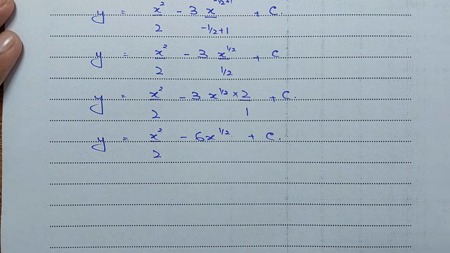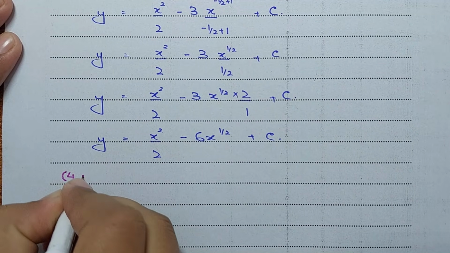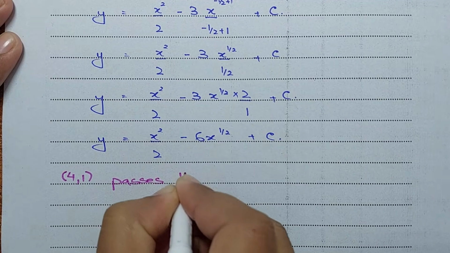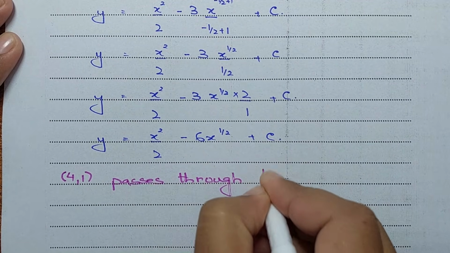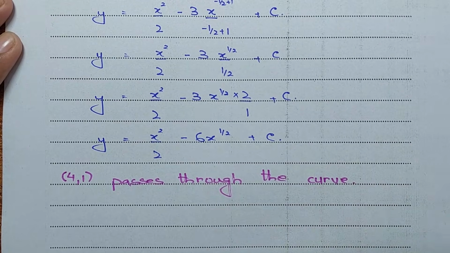Now to get the value of c, we have to use the fact that the point (4, 1) lies on the curve. If the point passes through the curve, it must satisfy the curve.